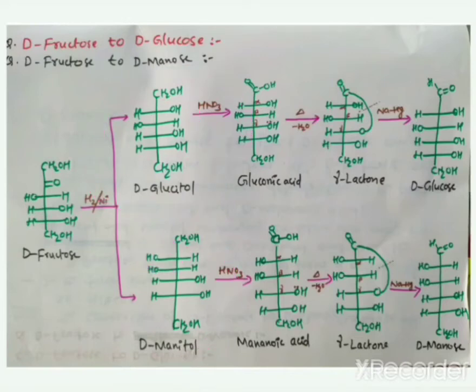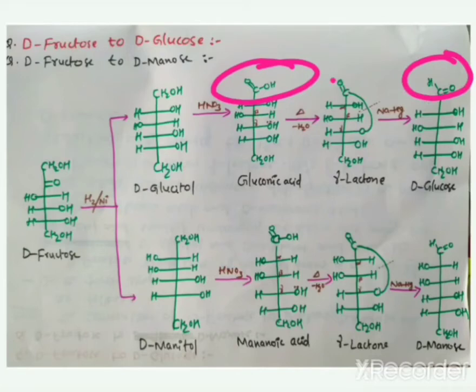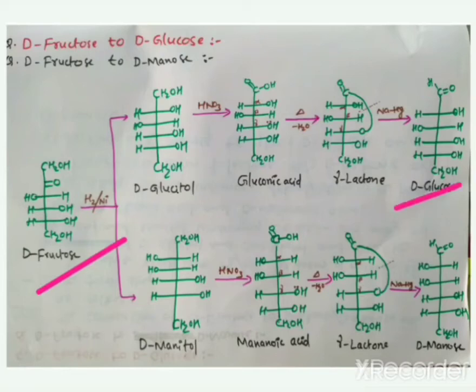So first we convert this C=O group to CHOH. After that, CH2OH converts to COOH. After that, this COOH converts to aldehyde group through the gamma lactone. On reduction we will get D-glucose. This is the conversion of D-fructose to D-glucose. Another question, D-fructose to D-mannose.